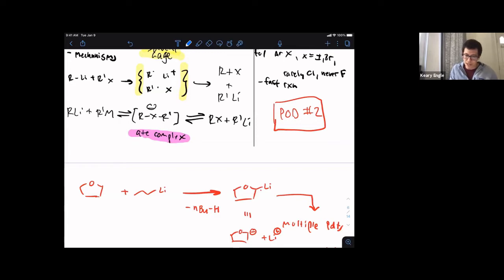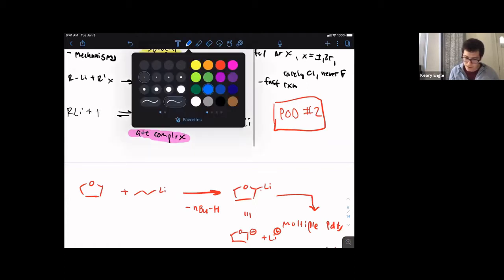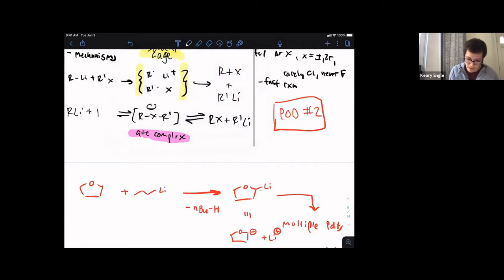So in this case, an ate complex can form between the halide and the incoming nucleophile.